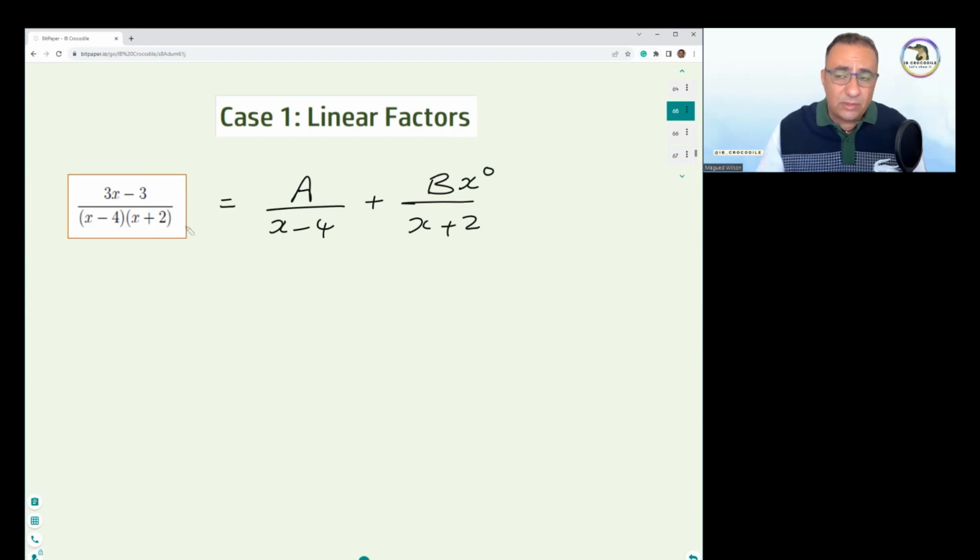So that is step 1: look at the layout of the original function and decide the form.